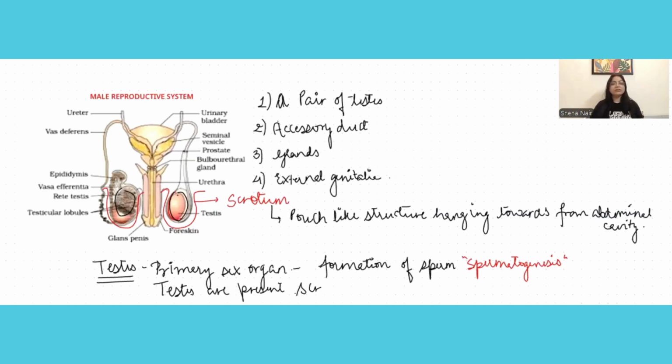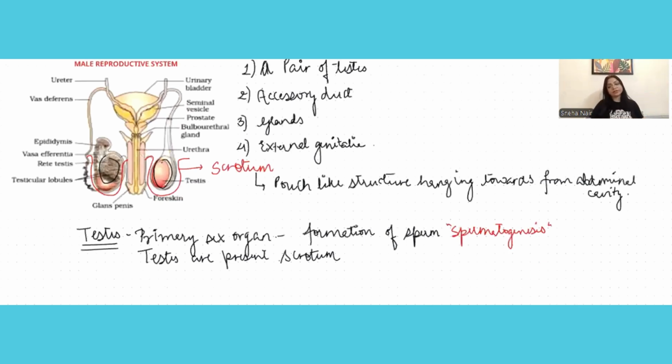Now, friends, can you tell me why testes are present in the scrotum? This is a very interesting fact that the testes were not always in the scrotum. During the fetal development, that is when a male child is in mother's womb, the testes are present in the abdomen.